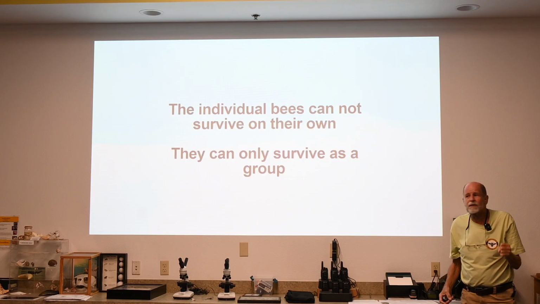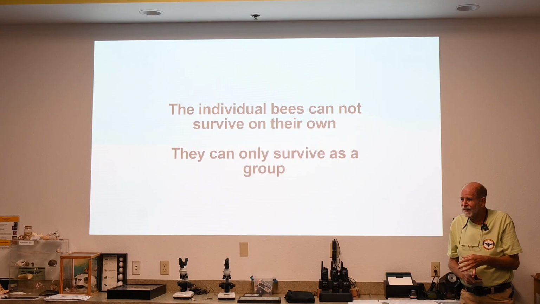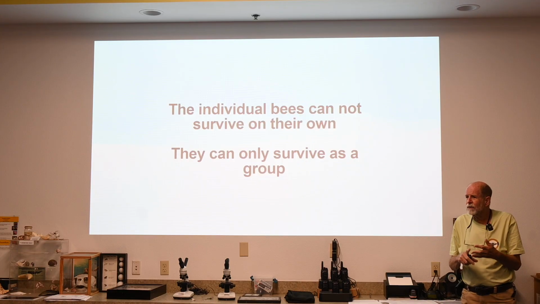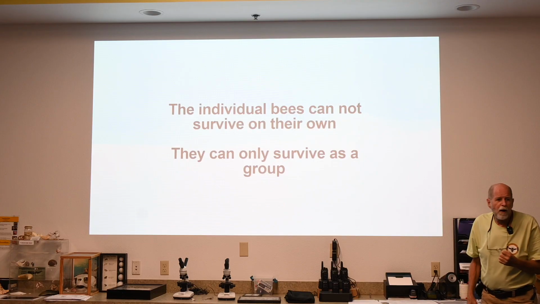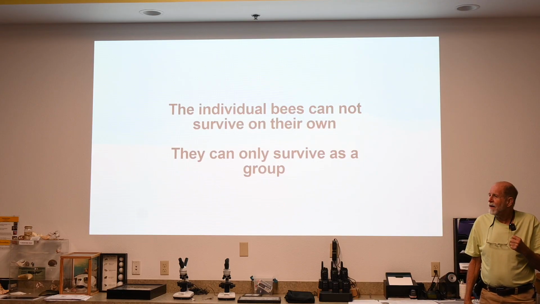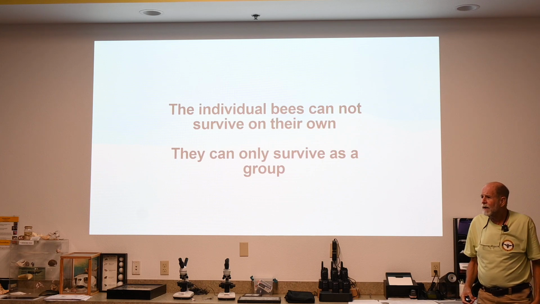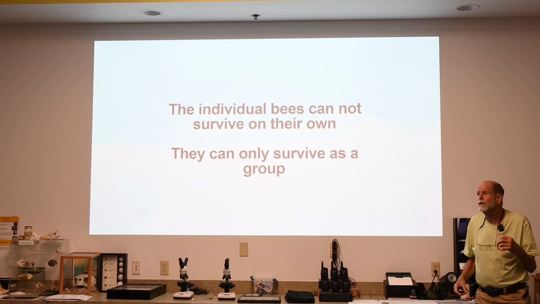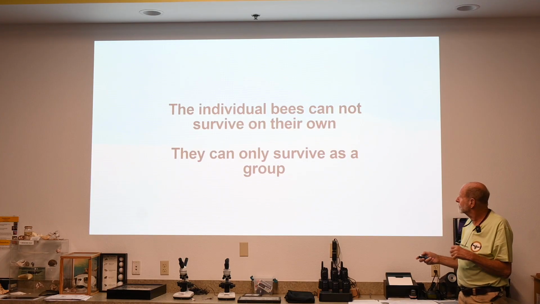The queen cannot survive on her own without her entourage that feeds her, grooms her, and tells her where to go. The drones, again, can't feed themselves. So without each one of those, the colony itself would collapse and fail.